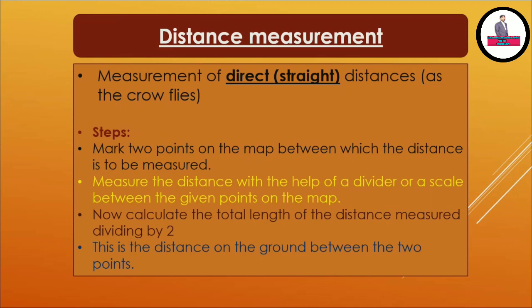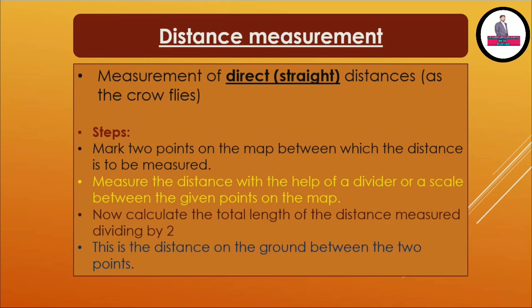Now when you measure with the help of scale and the divider, scale is very convenient, so you need to use scale between 2 points. Now calculate the total length of the distance. What will be coming is in centimeter, which has to be divided by 2, converting into kilometers.